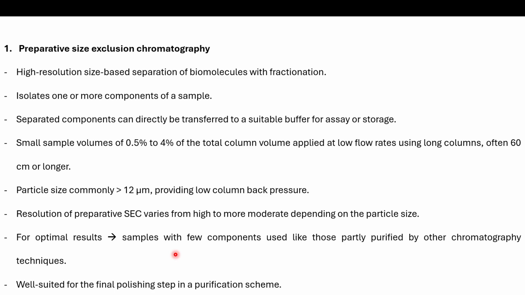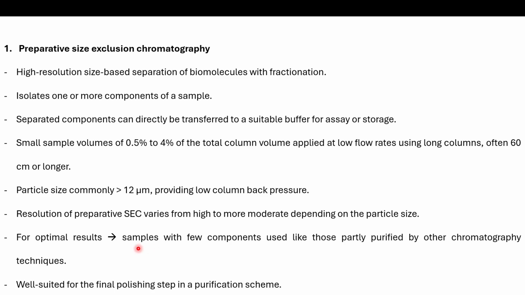So if all those things are applied directly in SEC, then because this is based on separation by size, on which molecules can enter the pores of the porous matrix, a lot of molecules of different sizes can hamper the final result or the resolution of the SEC.